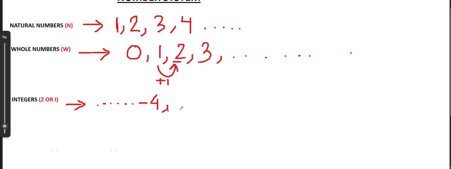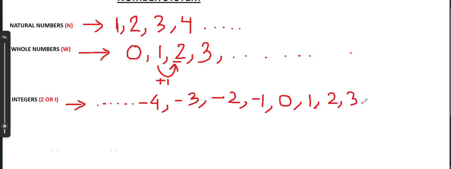Let me take -4, -3, -2, -1, 0, 1, 2, 3, 4, and so on. You have infinite values on the left side and infinite values on the right side.